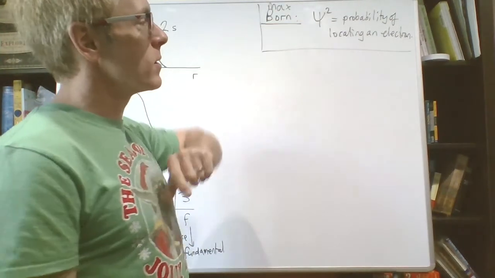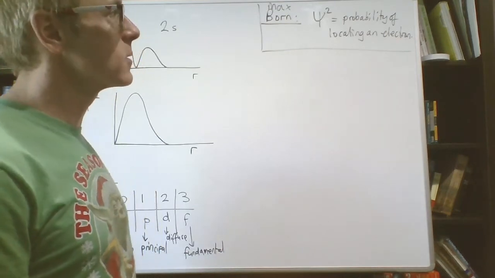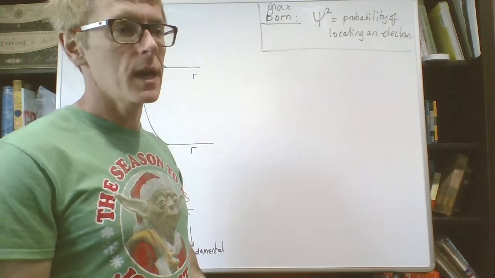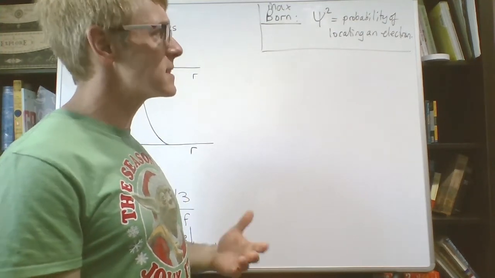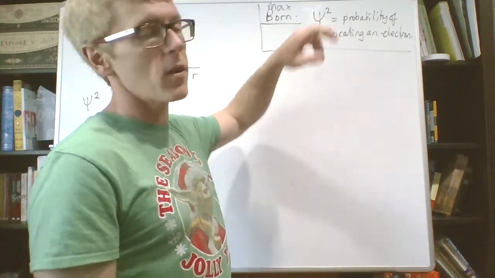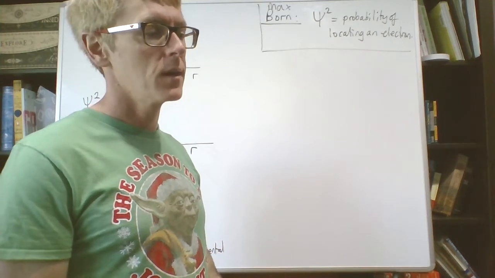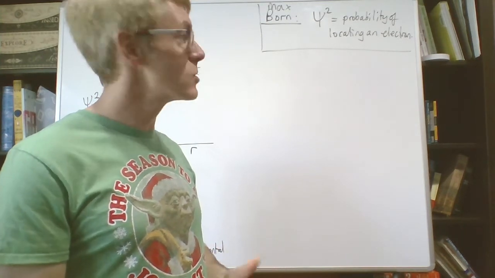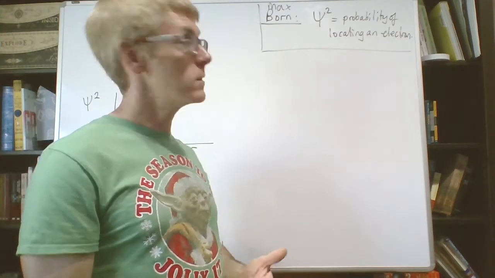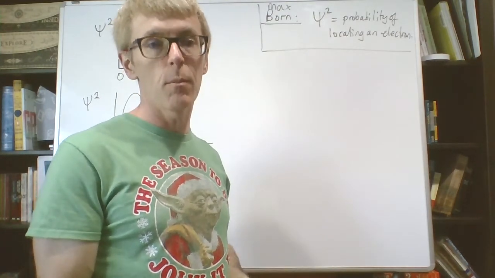So Max Born had a massive insight. Trying to conceptualize what this new quantum mechanics could mean, he said, and to this day we still believe, that although the wave function has no physical meaning, it's a mathematical abstract notion, the wave function squared does, and it represents the probability of locating the fermion, or the particle.